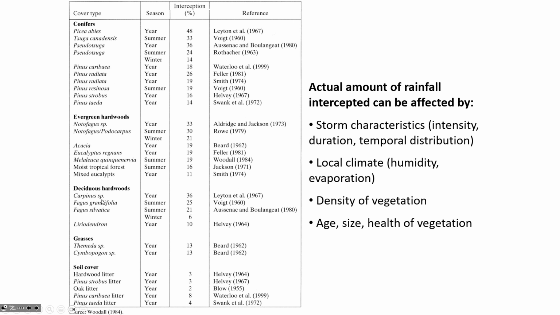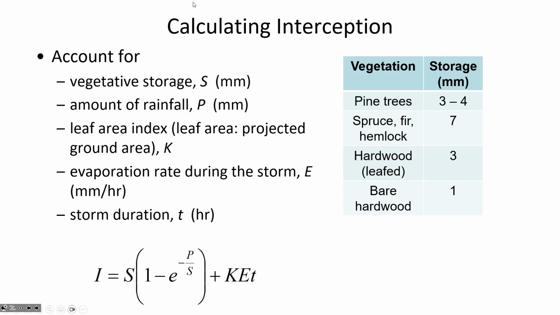So rather than just applying a certain percentage like this, there's been a method proposed that's a little bit more sophisticated, that takes the species of tree into account, but also classifies the amount of evaporation that would occur during the event, and then also the intensity of the storm. So the amount of rainfall is going to play a role on how much water is actually intercepted.